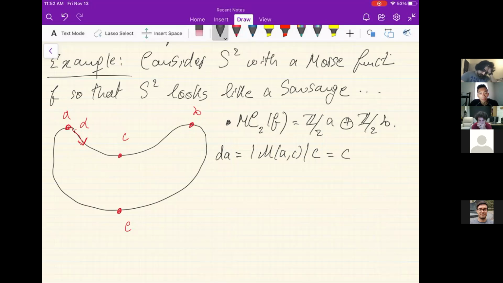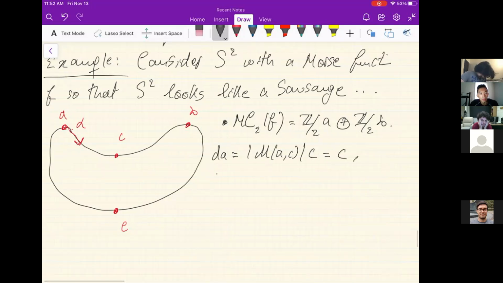So in this case, dA is C, because up to reparameterization I only have one way to go to C from A, which is along alpha. And similarly, if you do the same calculation, dB is C, and you only have one way, which is beta.